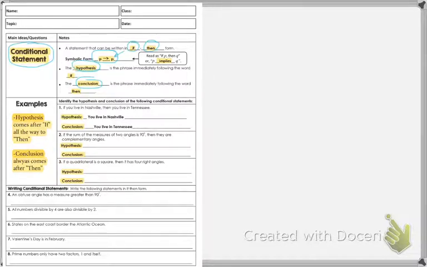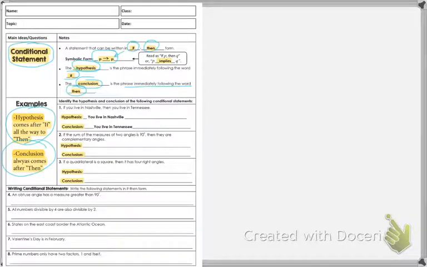The hypothesis always follows the word if, and it goes all the way till the word then. The conclusion will always follow the word then. Kind of put that on here.